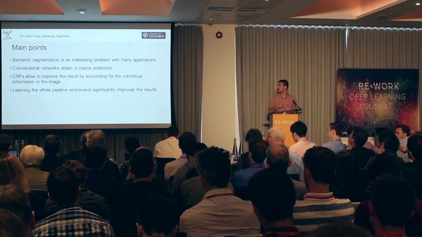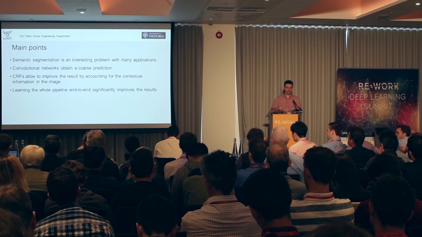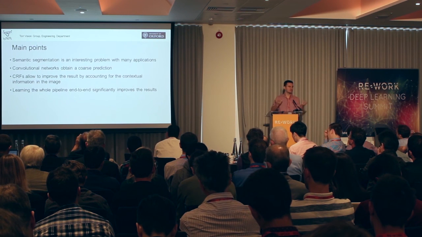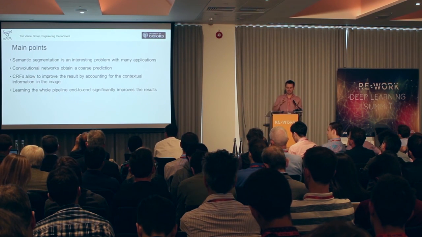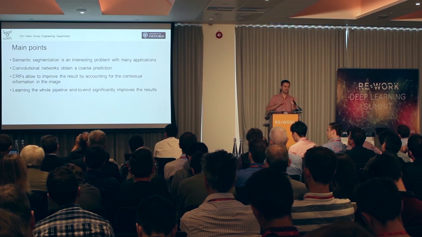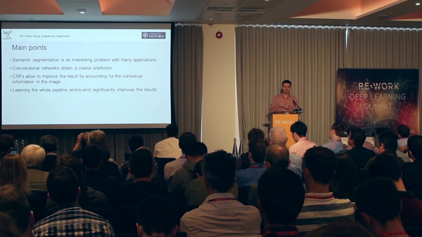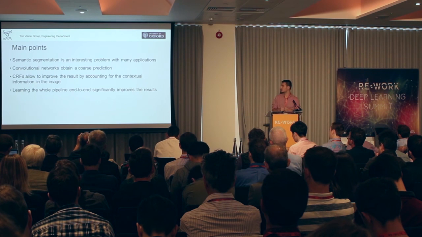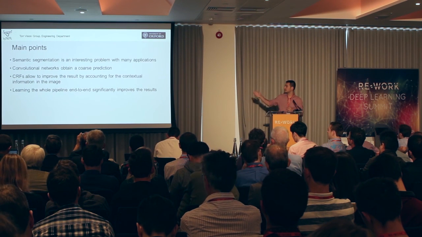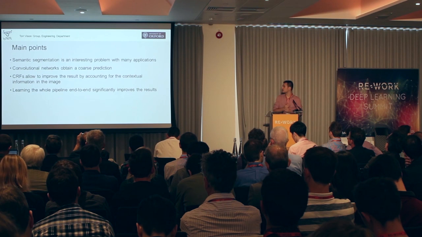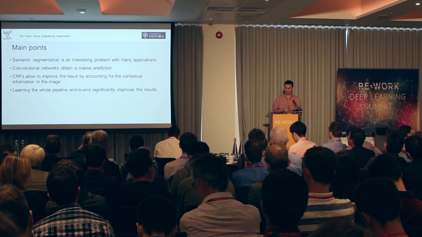To improve over that, conditional random fields are good because they introduce into the model the prior knowledge that pixels that are close to each other and pixels that have similar color intensity are likely to belong to the same class. And finally, we have seen that learning the whole pipeline end-to-end improves the results significantly.